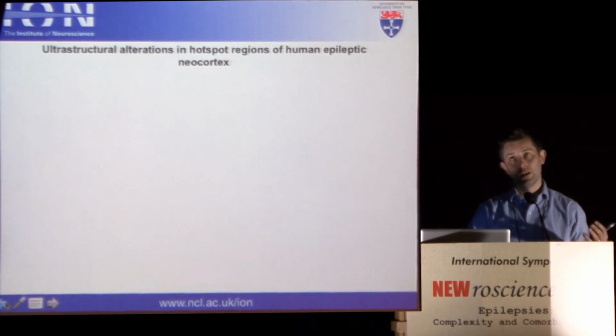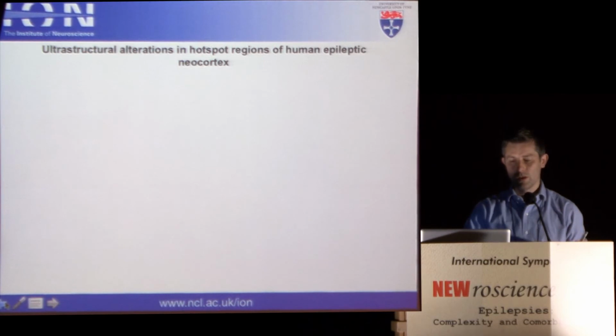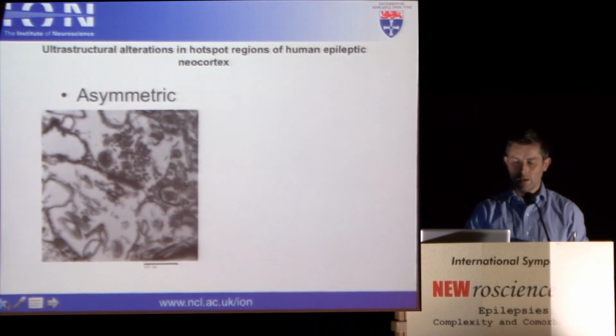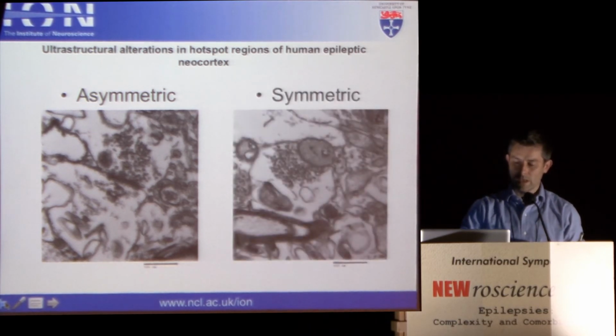As I already alluded to, we're using ultrastructural techniques to look at alterations in these hotspot regions of the human epileptic neocortex. And as Lydia has already introduced, we're able to discern between asymmetric and symmetric synapses.